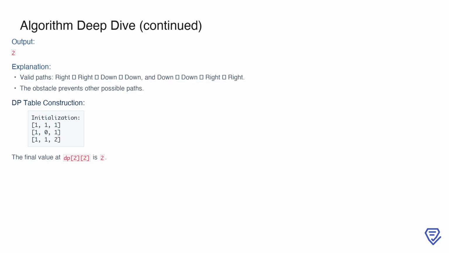The final table is constructed as 1, 1, 1, 1, 0, 1, 1, 1, 2. The value at dp[2][2], which is 2, represents the total number of valid paths. This illustrates how the DP table efficiently calculates paths while accommodating obstacles.